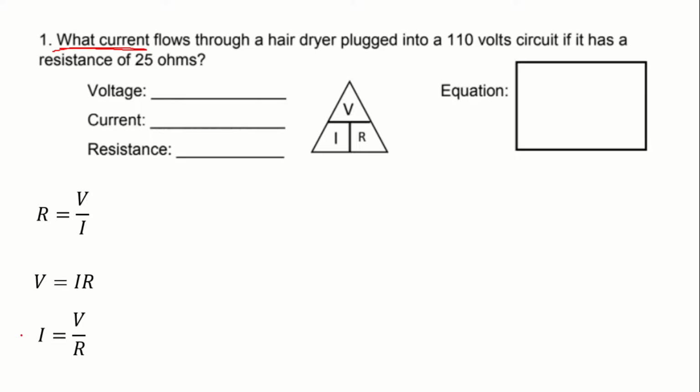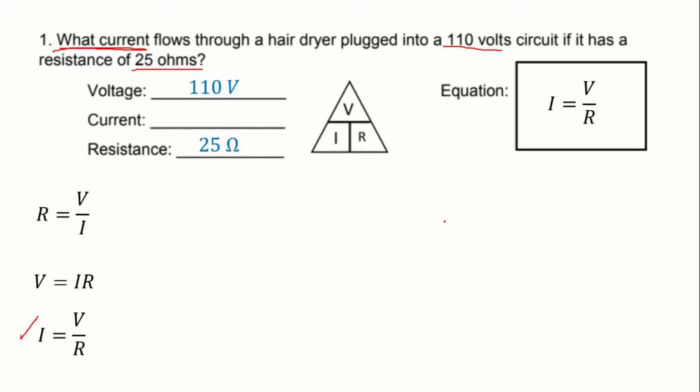What current? That gives away equation 3, this one. Then it also gives us the voltage, 110 volts. Let's write it here. Then the resistance, it says 25 ohms. Let's put it here. Then we are left with current as a blank.